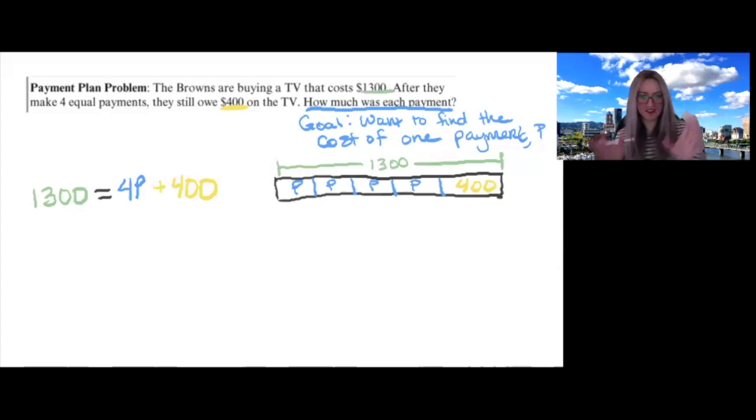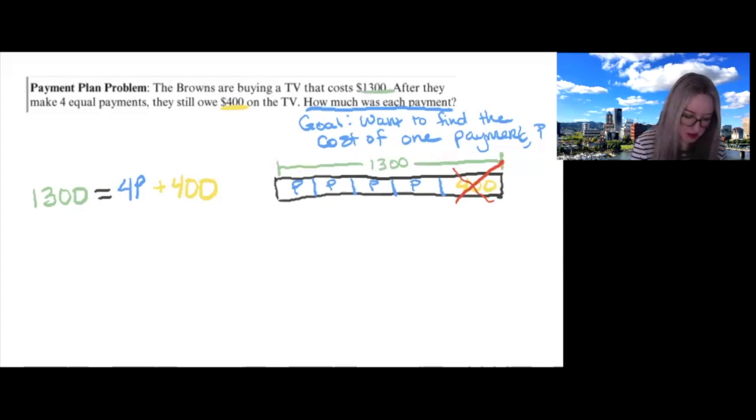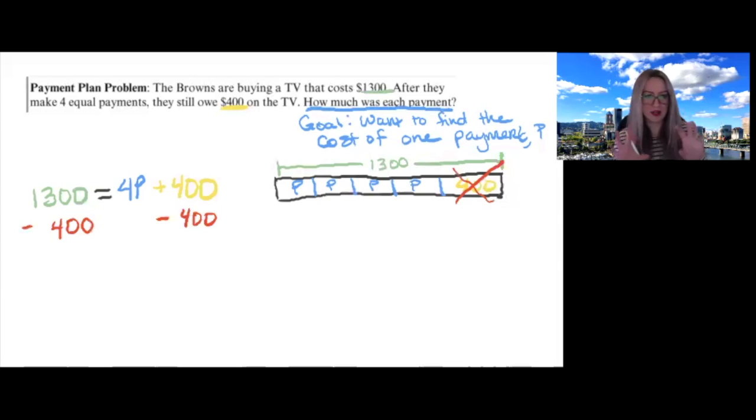Okay, so we're all set up with our strip diagram and our equation, and now we can think back about what our goal is: figure out what one payment is. So let's go and try to figure that out. One thing I noticed I could do is start to remove this 400 from the length of my bar model. And over here, keeping both of my sides equal, that would mean that I take 400 away from both sides.